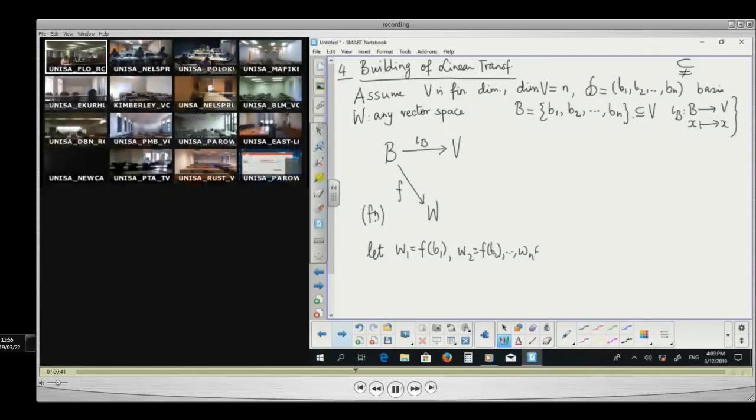So with just this information that you are given, I'm telling you it's enough. I can create a linear transformation.